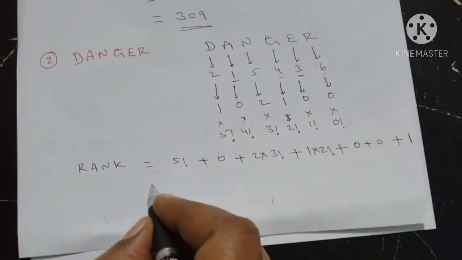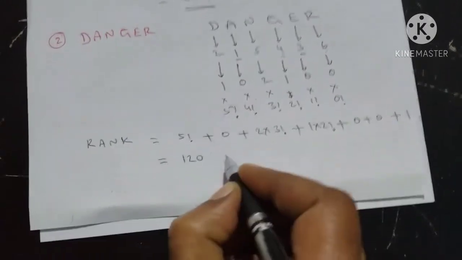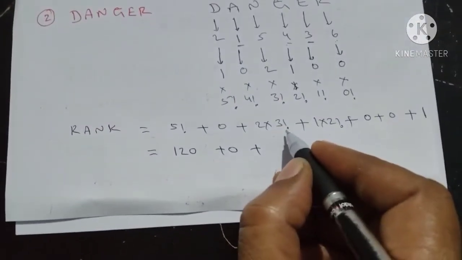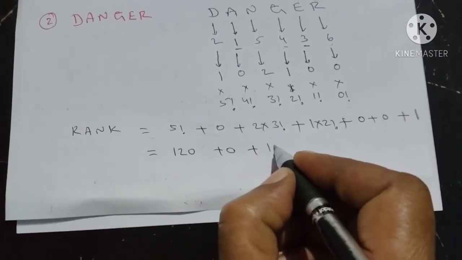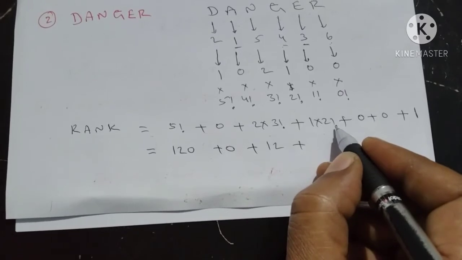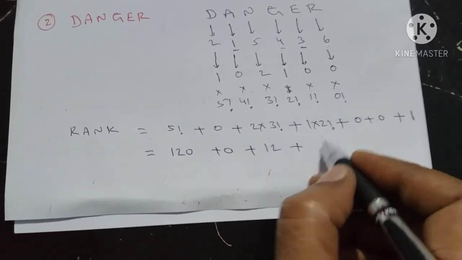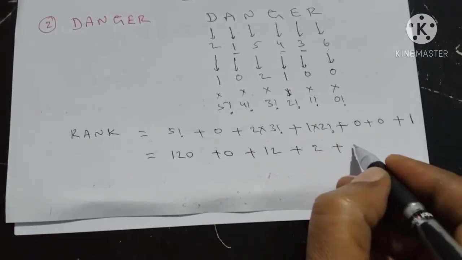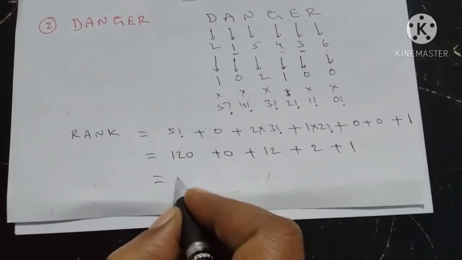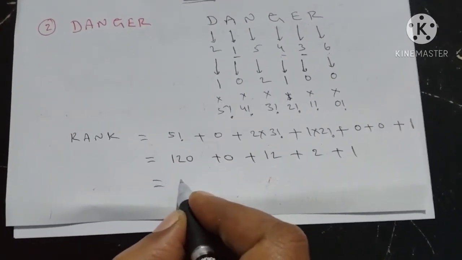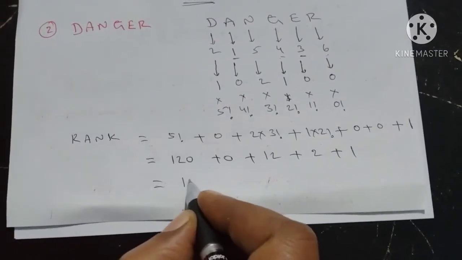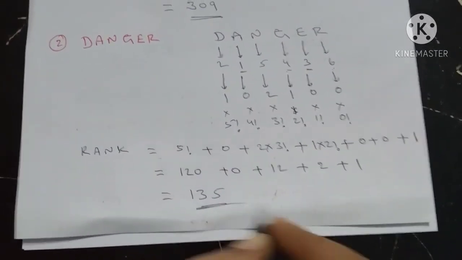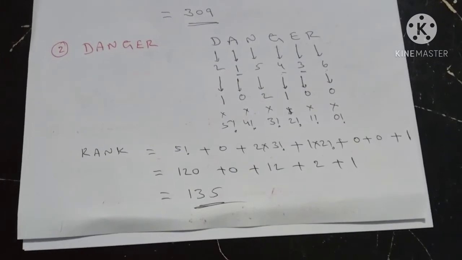Now 5 factorial is 120, plus 0, plus 2 into 3 factorial. 3 factorial is 3 into 2, 6. 2 into 6 is 12. Plus 1 into 2 factorial, 2 factorial is 2, so 2. Plus the last one is 1. Now 120 plus 15 is 135. So this is the rank of danger.